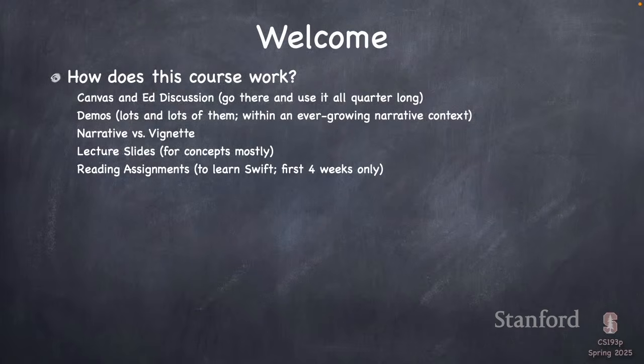And then in terms of assignments, you've got reading assignments. For the first 4 weeks, I will be giving this kind of guided approach to reading the Swift programming reference manual. It's big because Swift is a big language. It's got functional programming in there. It's got object-oriented programming in there. It's got protocol-oriented programming in there. It's got all of it. It's got so much. It's a really great language, but there's a lot to it.